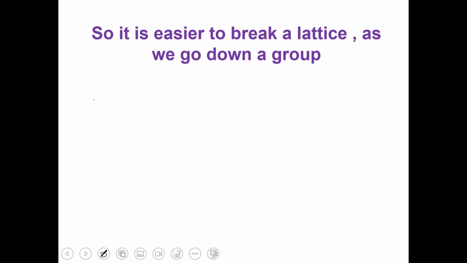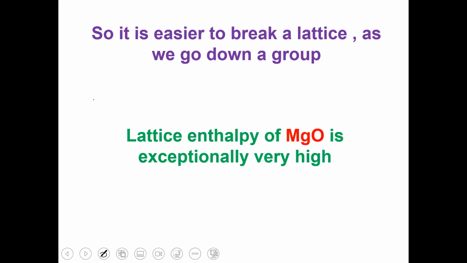I've copied. Magnesium oxide is one of their favorite compounds, and its lattice enthalpy is exceptionally high. Why is its lattice enthalpy so high? Because magnesium and oxygen are doubly charged.